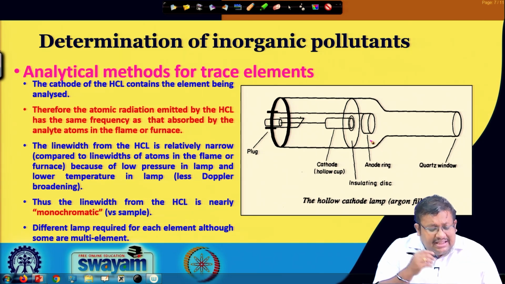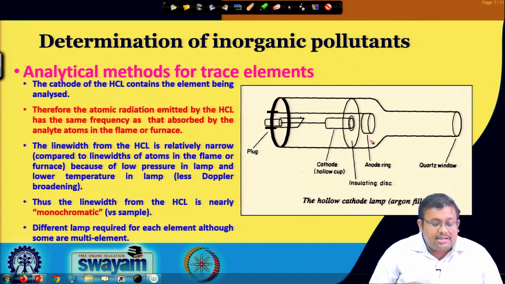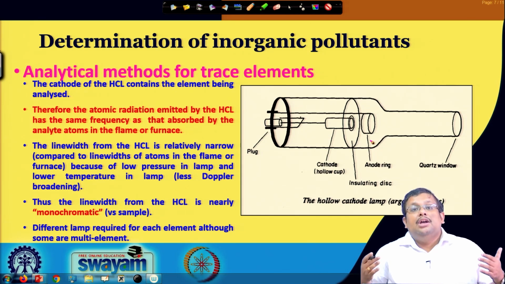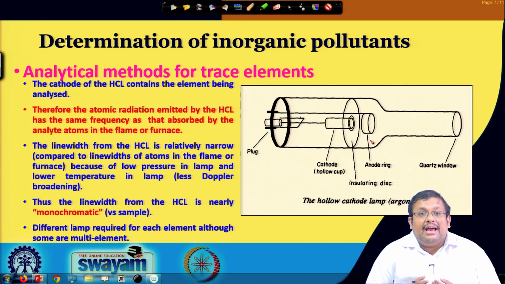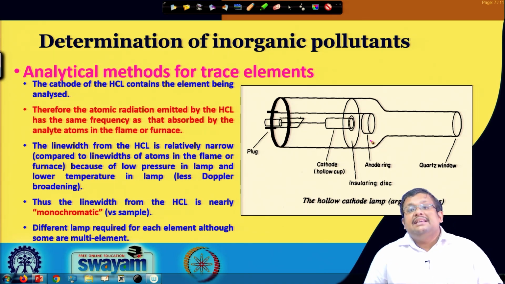Now, the line width from this hollow cathode lamp is relatively narrow compared to the line width of atoms in the flame or furnace, because of the low pressure and lower temperature in the lamp, which creates less Doppler broadening. So, the line width from the HCL is monochromatic versus the sample.